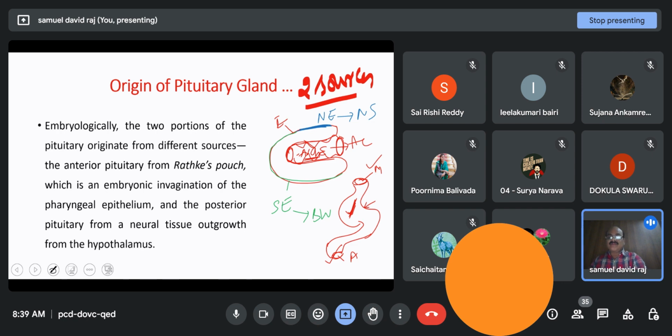When the alimentary canal is developing, it extends to this side, and here on this side where the mouth is present, it comes in contact with the ectoderm. Thus, the front part of the alimentary canal, which we call foregut, is lined internally by ectoderm.